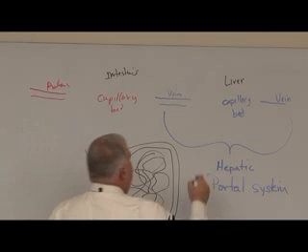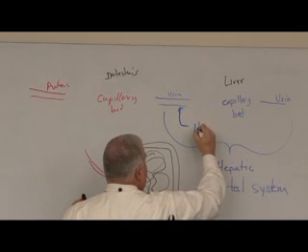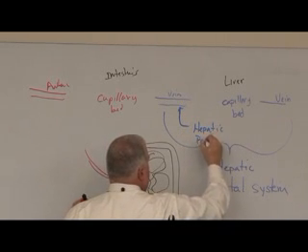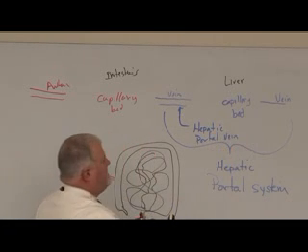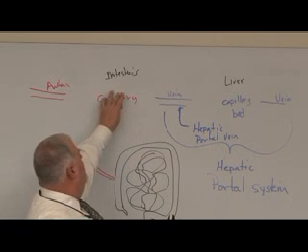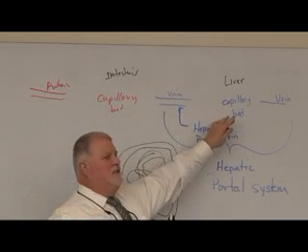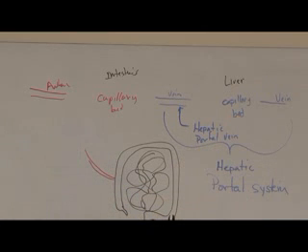So then we can identify this vein as the hepatic portal vein. And what it does is collect all of the blood that's gone through the capillary beds in the intestine and send it to the liver. That's how we process everything that comes through the gut lining with our liver before it goes anywhere else in our body.